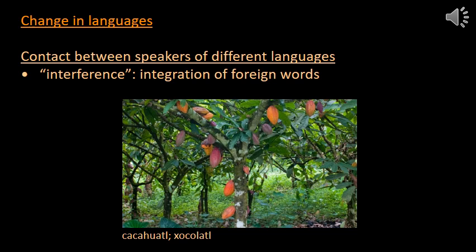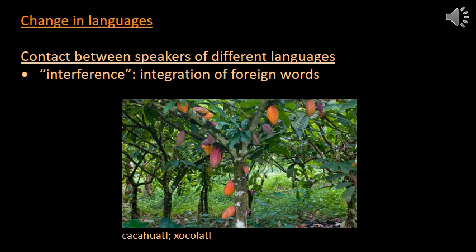The fourth and also very important reason why languages have changed in the past and today is contact between speakers of different languages.